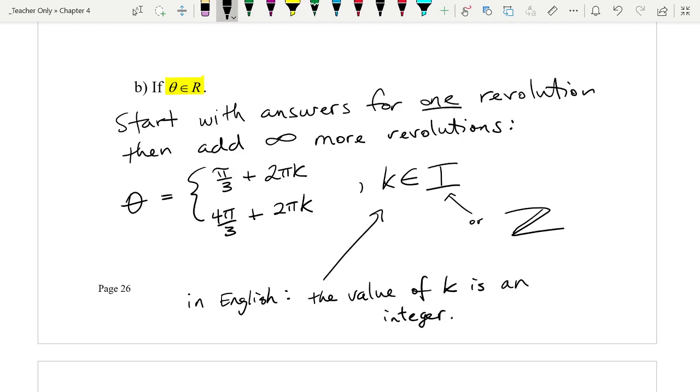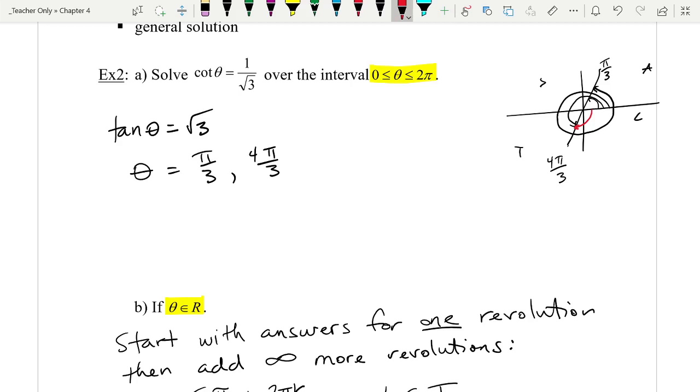When k is 1, it's π/3 plus a spin of 2π. When k is 2, I've spun 4π, or spun around twice. And notice k can be negative, because you could hit these answers by going backwards as well, right? I'd hit that one, and then I'd spin around and I'd hit that one. So that's basically what it means.